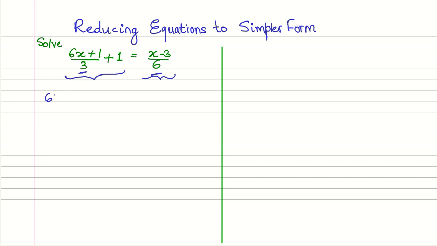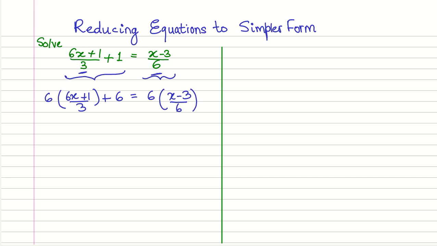That is an important thing not to be missed, else we will not get the correct answer. So 6 times ((6x + 1)/3 + 1) equals 6 times (x - 3)/6.